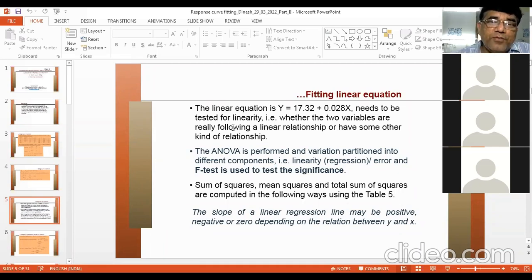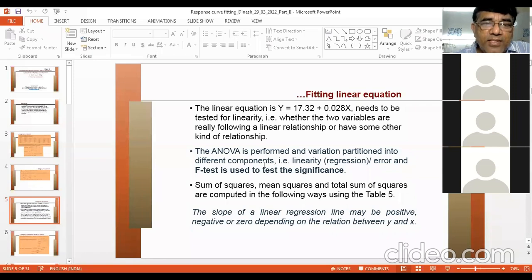If you draw this equation, that will be the best fit. It will give you the minimum error sum of squares, or residual sum of squares. So this equation needs to be tested for linearity, whether the two variables really follow a linear relationship or have some other kind of relationship.